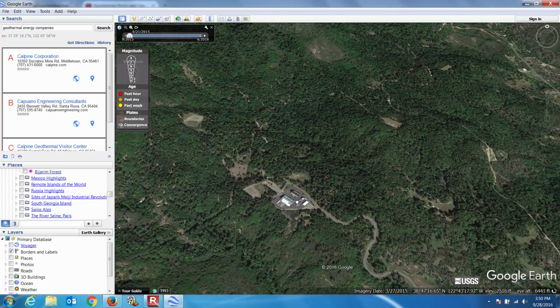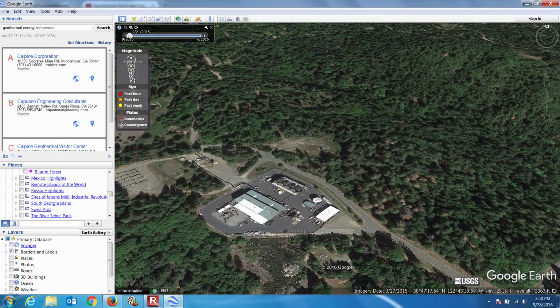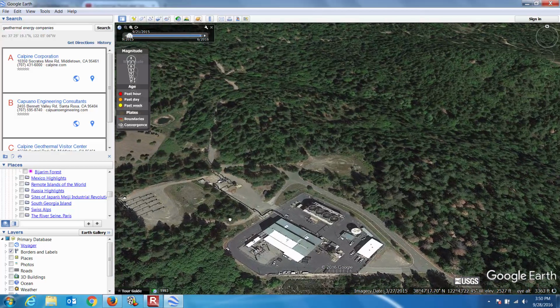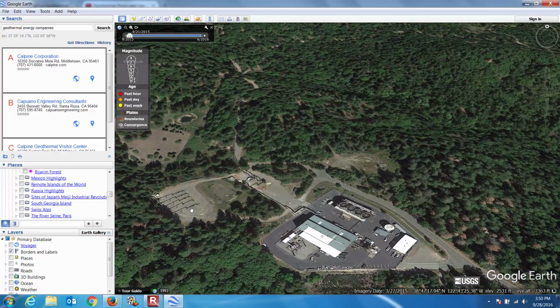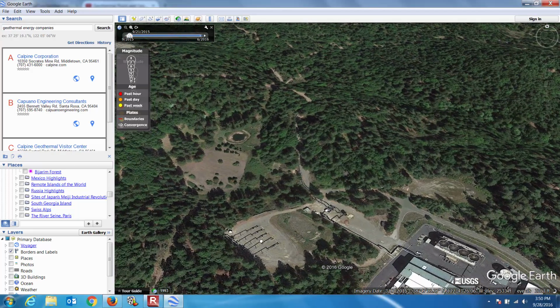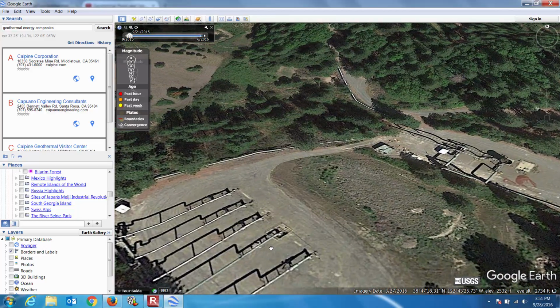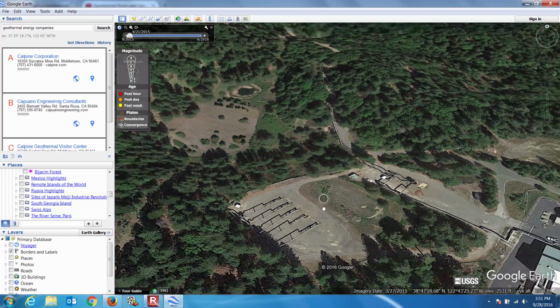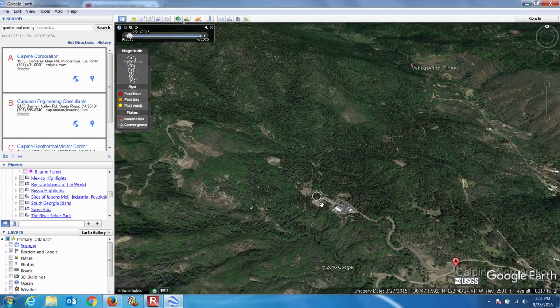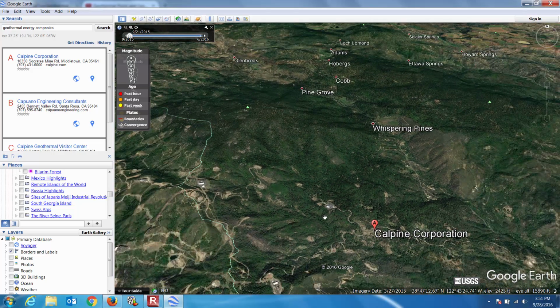Re-inject right at the site when you're done with it. So here's your re-injection, and notice the difference in color. So you've got your production and then your re-injection, the darker pipe. That way you don't have a depletion of your aquifer.